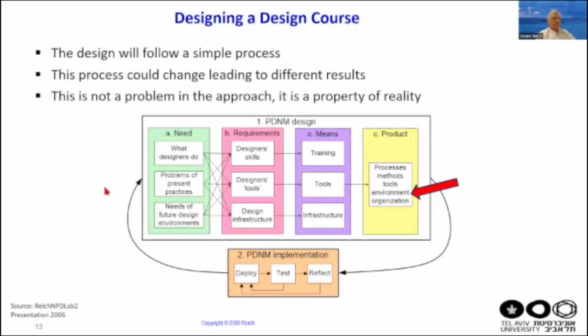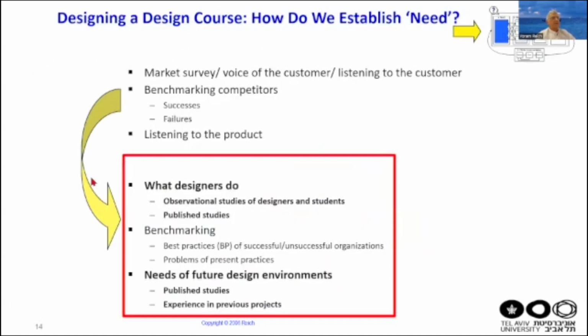So here is the process of designing a course. It's quite simple. You start with the needs, translate them to requirements, come up with the means to address the requirements. From that, develop the product and implement the product, deploy, test, and reflect upon it, and then you can cycle and improve it, and so forth. So this is what we basically did for that course.